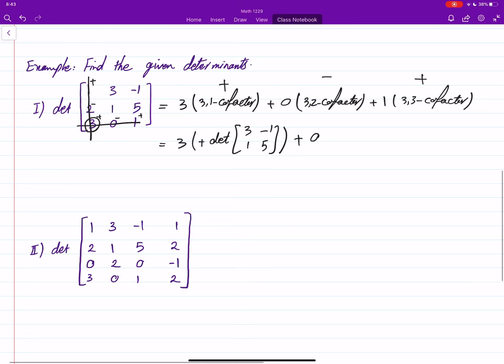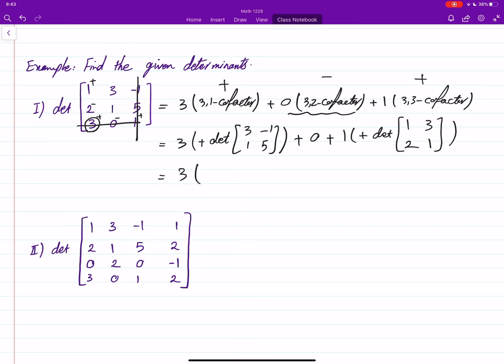Plus, well, this 3, 2 cofactor, whatever that is going to be multiplied by 0, so I don't need to worry about the computation in that second summand. For the third one, we have 1 times plus determinant of some matrix A 3, 3, so that we can get by this.